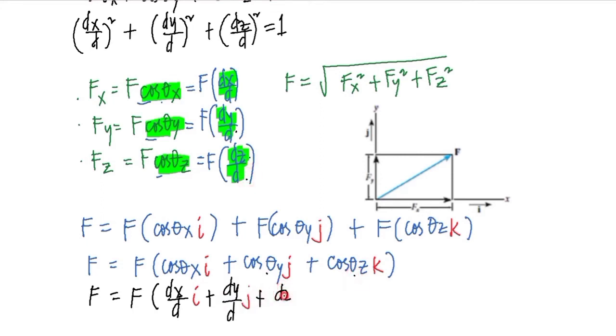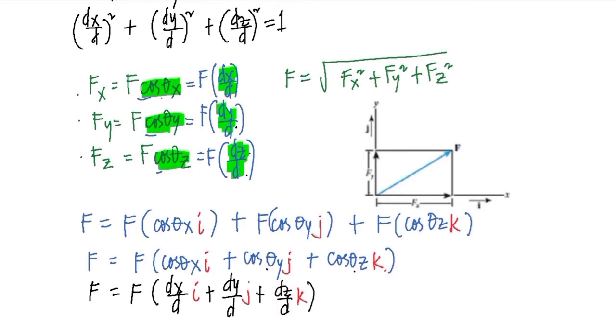So we have here dz over d to be multiplied by the unit vector k. So this is how we are going to do the rectangular representation of the force. And if we are going to make use of the angle, we are going to make use of this formula here. And if we are going to make use of the slope, then we will be using this.